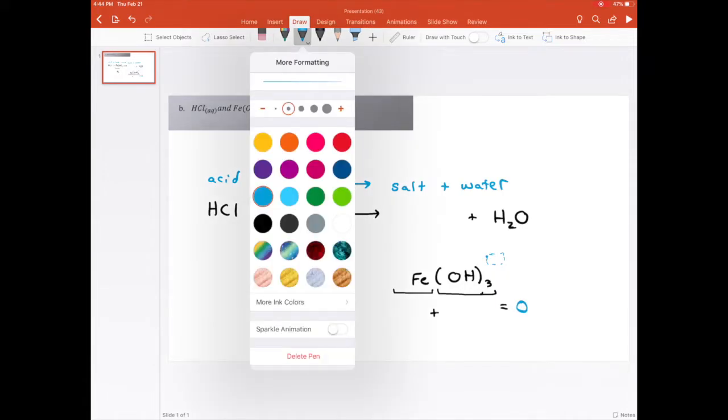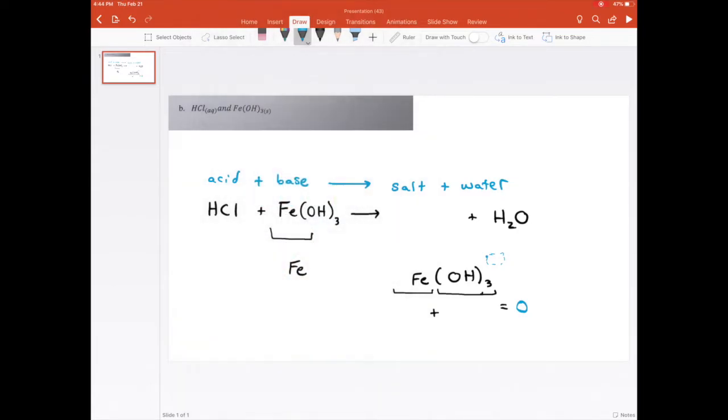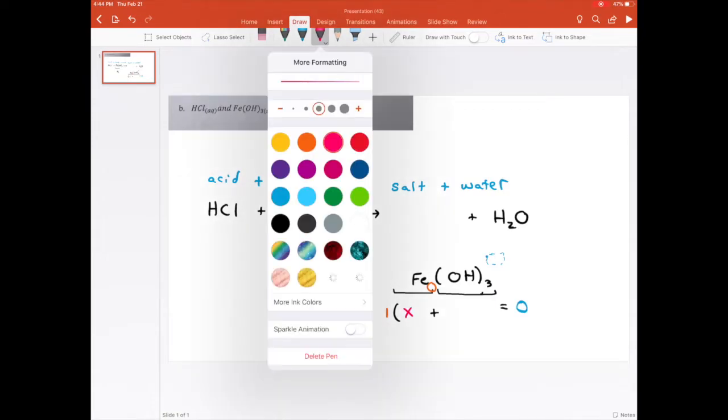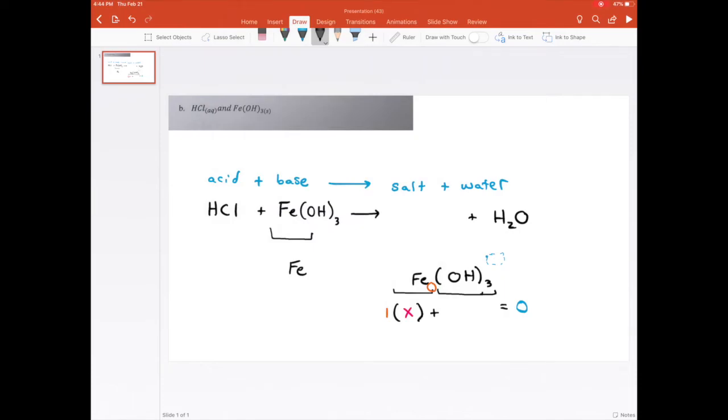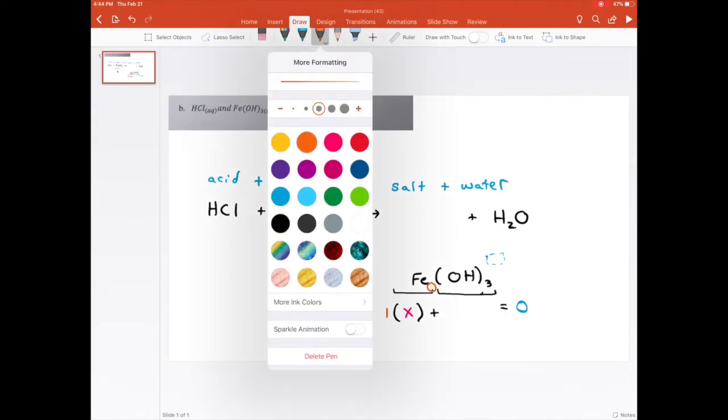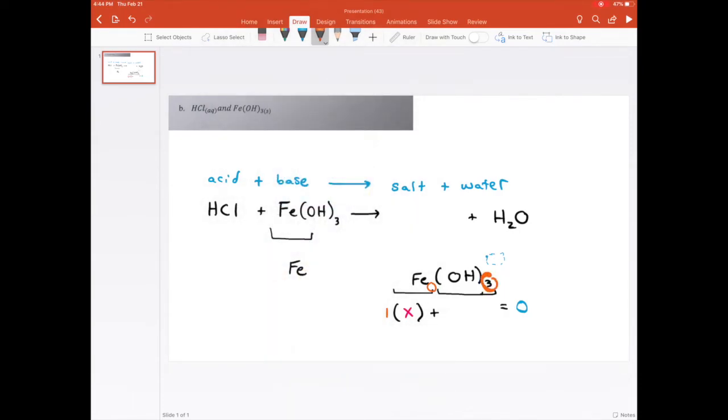I only have one iron, so I'm going to write 1 there. We don't know the charge on iron, so I'm going to write X. We have 3 OHs, so I'm going to write 3.